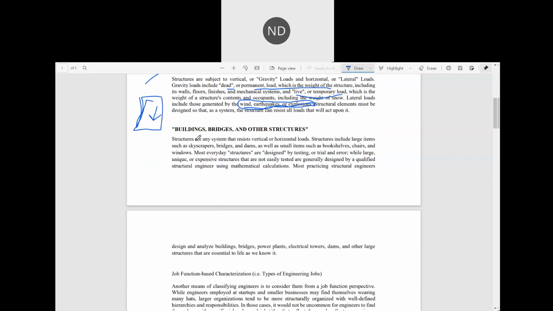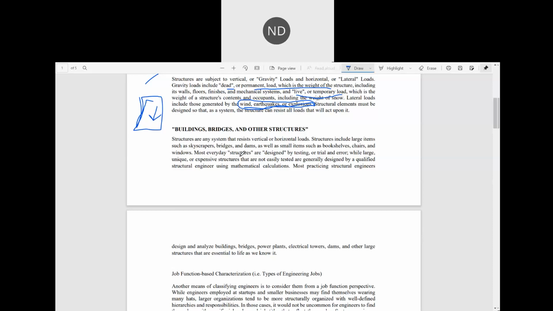Structures are any system that resists vertical or horizontal loads. They include large items such as skyscrapers, bridges, and dams, as well as small items such as bookshelves, which resist vertical and horizontal loads.